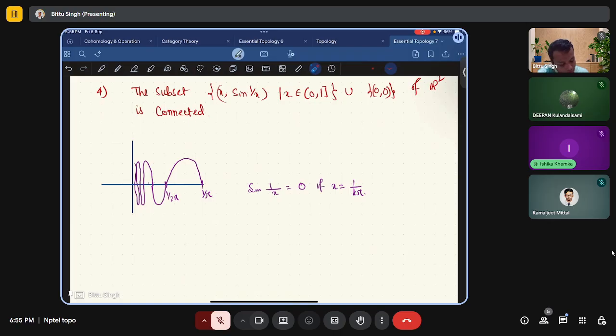We already know that the image of a connected set is connected.